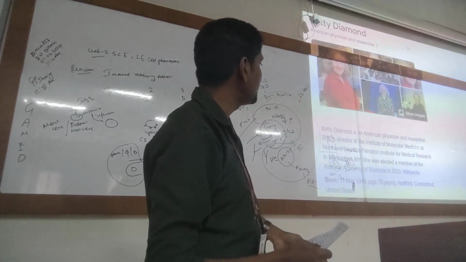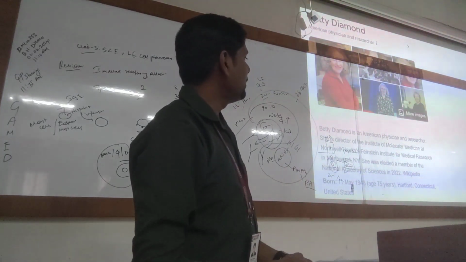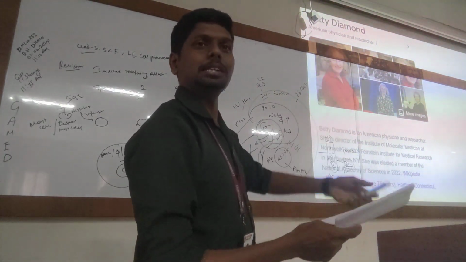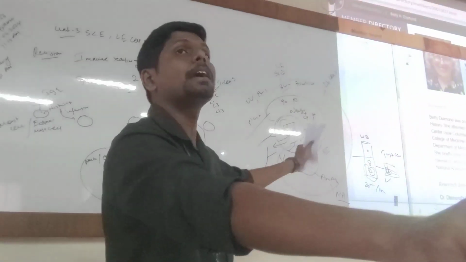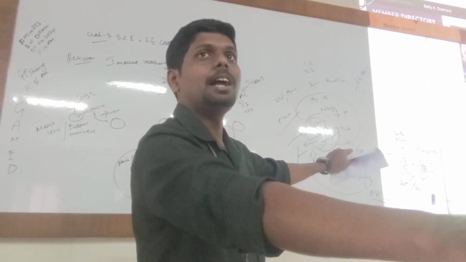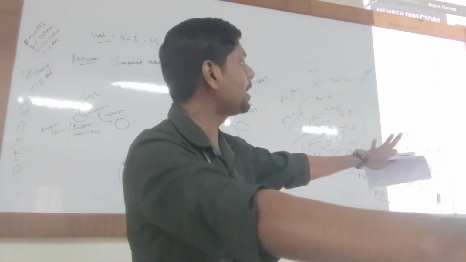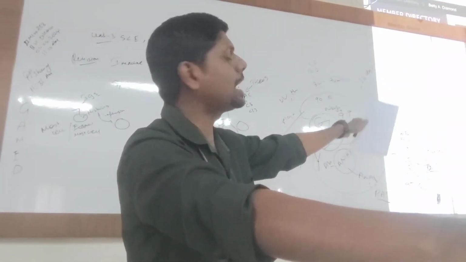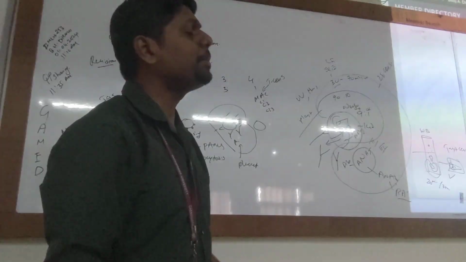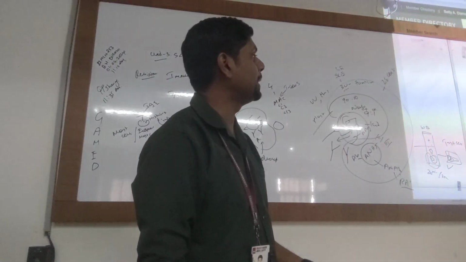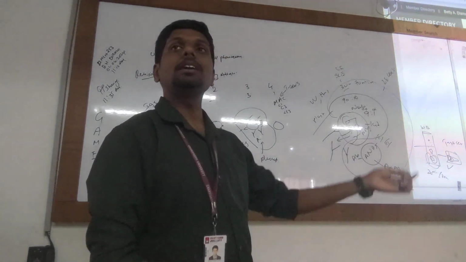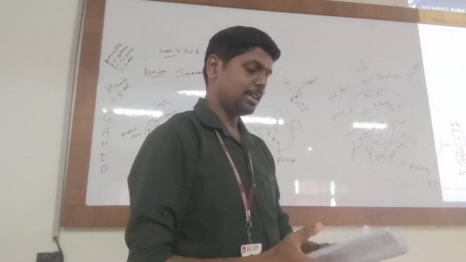I also saw this condition when I was studying in my second year of BSc MLT, and I will let you know what happened later. She is from the Feinstein Institute. Tomorrow I will discuss what happened with her.